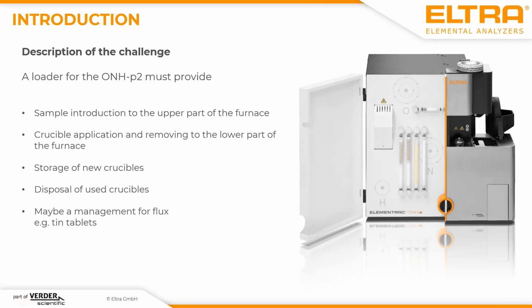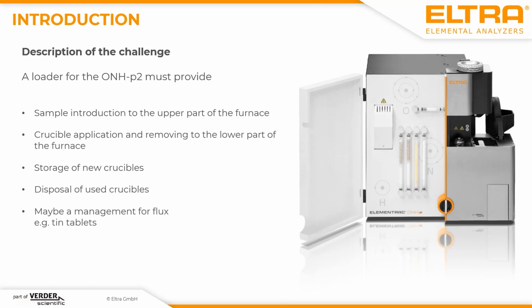On the one hand, we have to provide a sample carousel or a solution for introducing the sample to the sample chamber because every sample which has to be analyzed has to be freed from atmospheric gases like oxygen and nitrogen. On the other hand, the graphite crucible which melts the sample is located in another part of the furnace. And this does mean that we have to find a solution for crucible management.